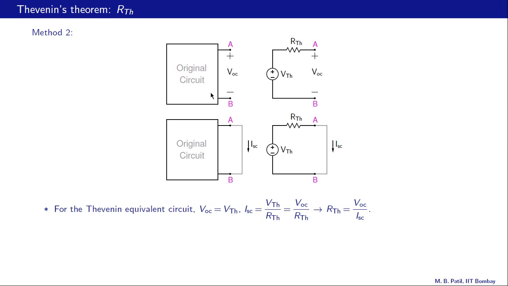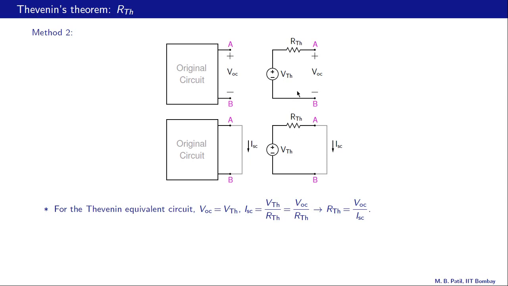And because the original circuit is equivalent to this Thevenin representation, VOC here must be the same, and similarly ISC here and ISC here must be the same. So we use this fact to obtain RTH for the Thevenin representation. Let us see how.